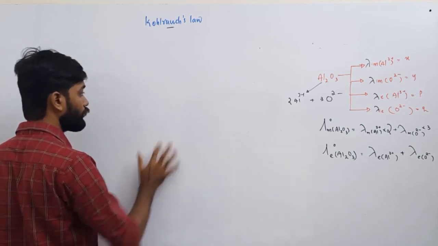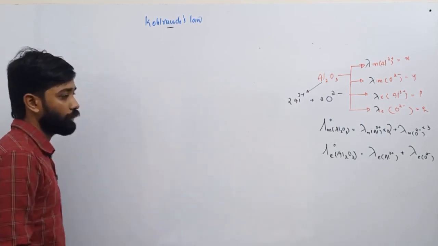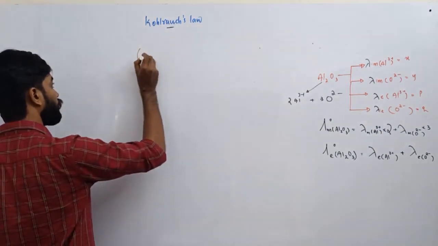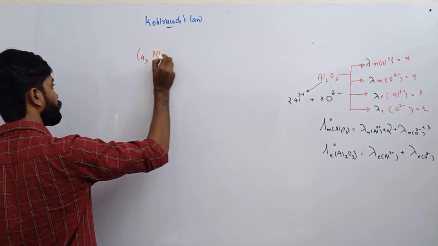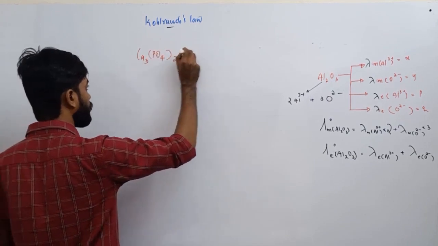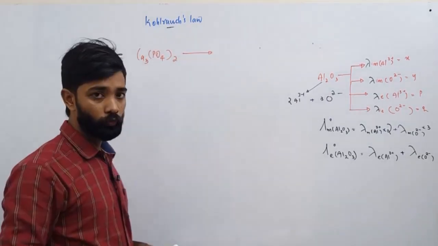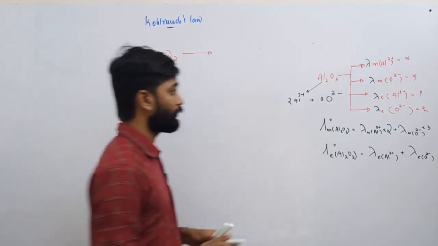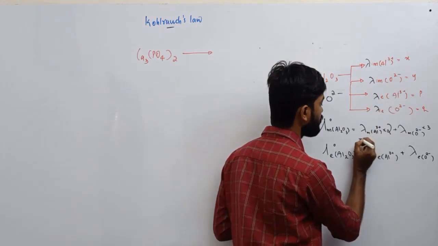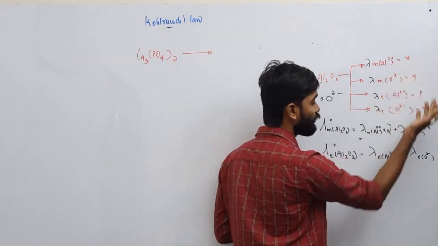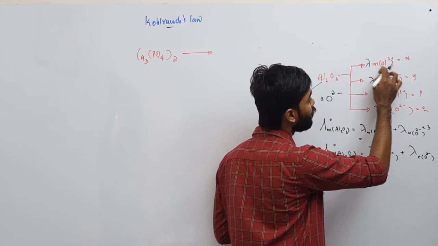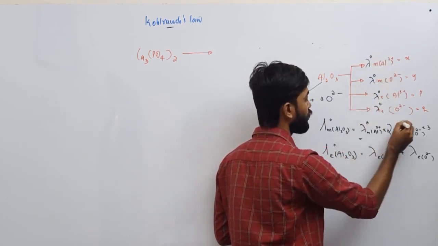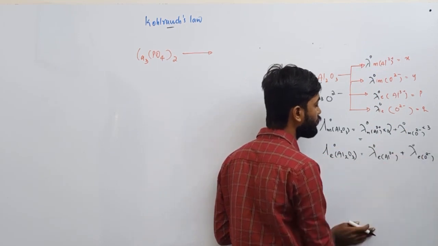How can we do this? Listen here. Now my electrolyte is Ca3(PO4)2, calcium phosphate. Let me check how we can split it. This is the expression, right? And the values are given in terms of x and y. So these are all limiting, so lambda 0 is needed.